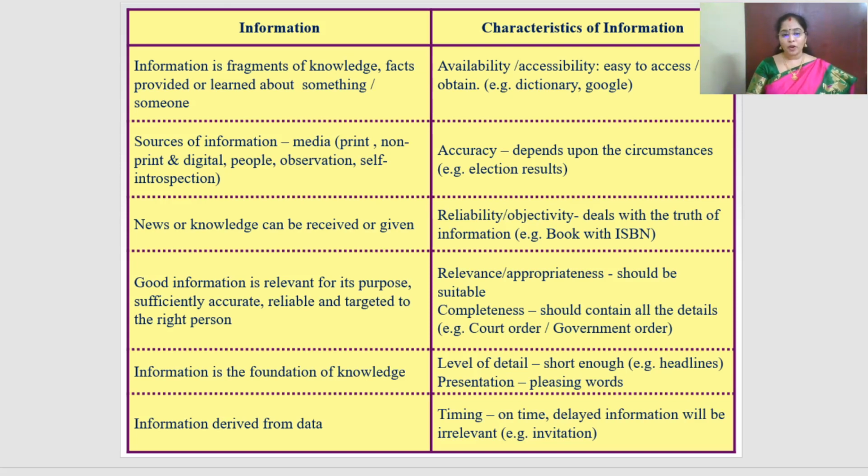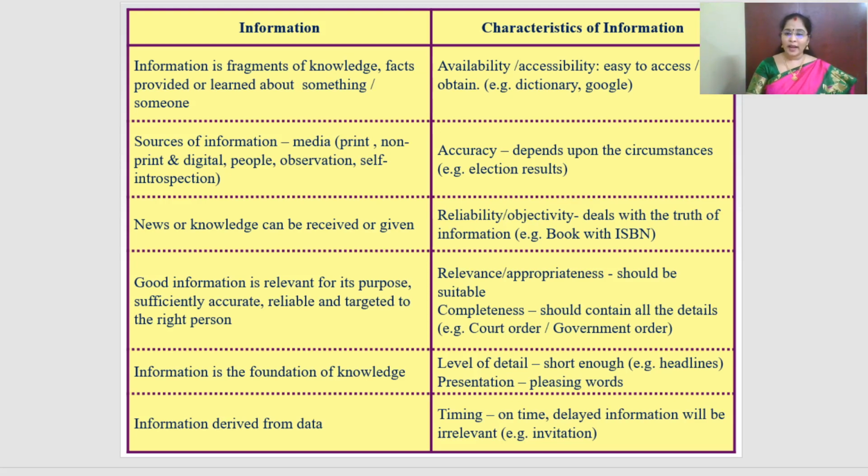Information is news or knowledge which can be received or given. A good information should be very relevant, accurate, reliable, and it should be given to the right person at the right time. It is a foundation of knowledge and it is derived from data.